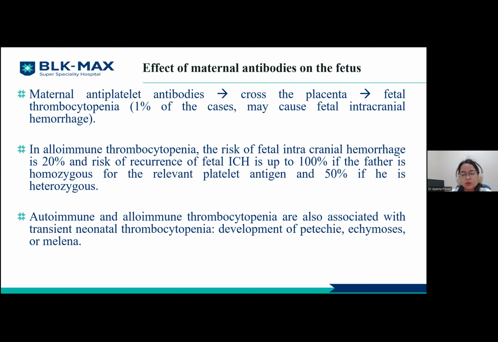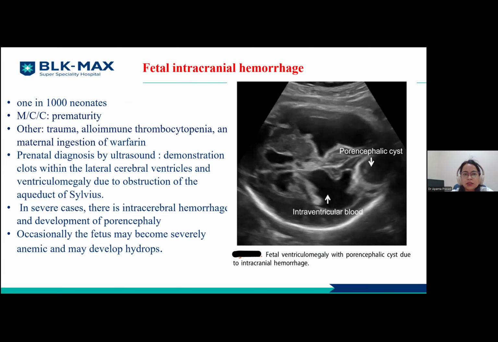Both alloimmune and autoimmune cause transient neonatal thrombocytopenia, and it can present with clinical symptoms of petechiae, ecchymosis, or melena. Overall, the most common cause of fetal intracranial hemorrhage is prematurity. Other causes can be trauma, alloimmune thrombocytopenia, or maternal ingestion of drugs like warfarin.